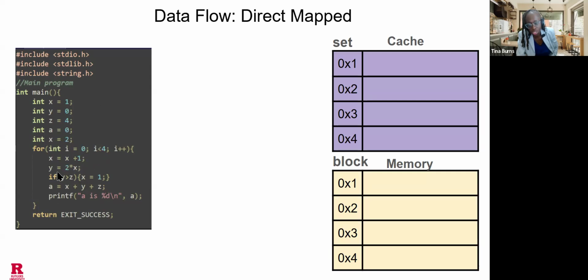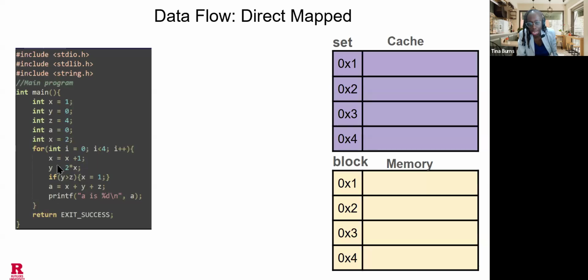I'm going to go through it 4 times. And then I'm going to multiply 2 times X to get my value for Y. I want to compare that to Z. And then if Y is greater, then I'm going to set that to 1. And then I have these where it just combines all of these data points and adds them together.